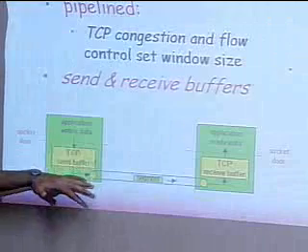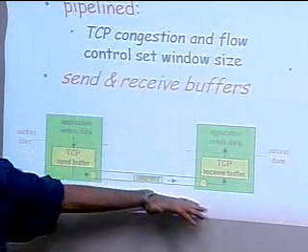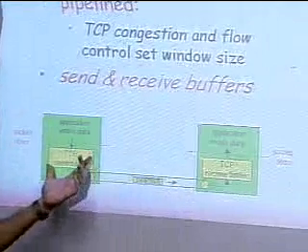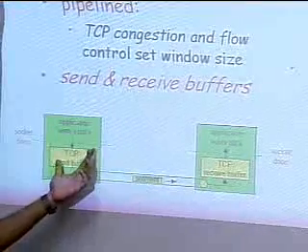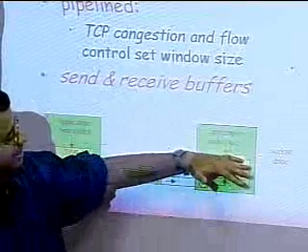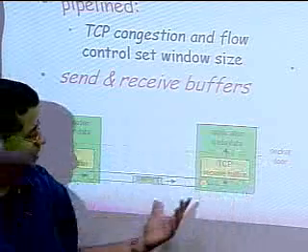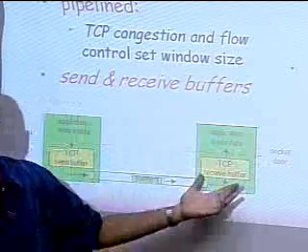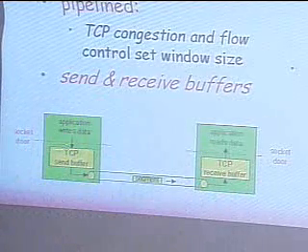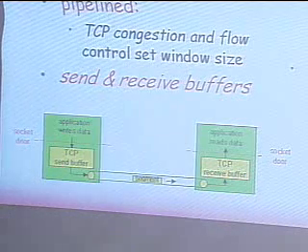And before TCP can send out that data onto the channel, that data is stored in this send buffer. And similarly, there is a receive buffer. Before the application can be delivered the data, TCP stores whatever it has received in this receive buffer. And these buffers are very important for the performance of TCP.